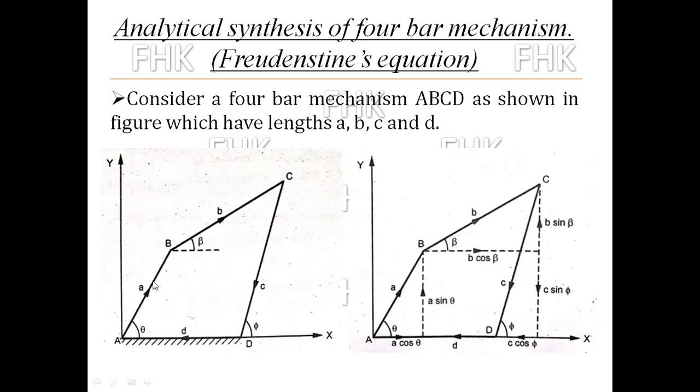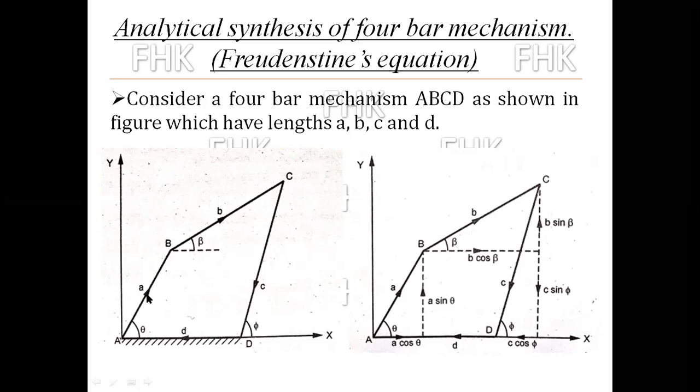Okay. Now these linkages I will consider as vectors. This link A, B, C, D I will consider as a vector. A vector has magnitude as well as direction. So the magnitude of link AB is small a, the magnitude of vector BC is small b, the magnitude of vector CD is small c, and the magnitude of vector AD is small d.